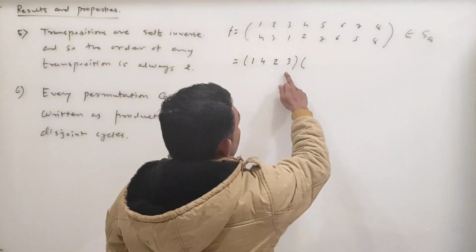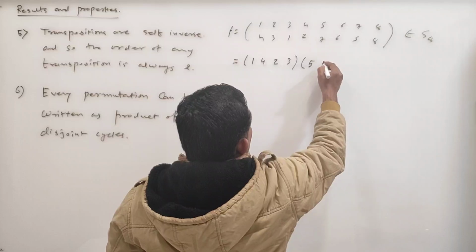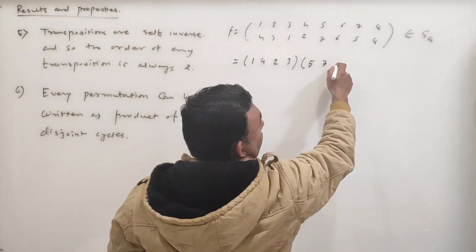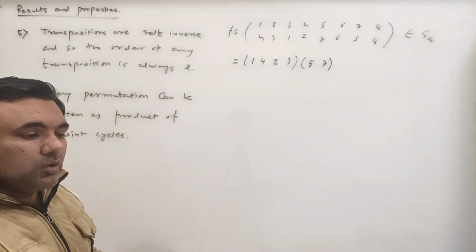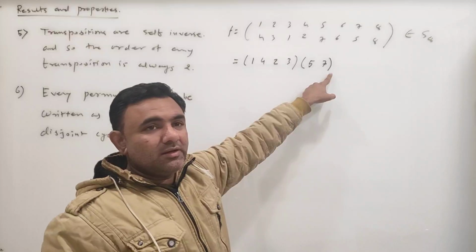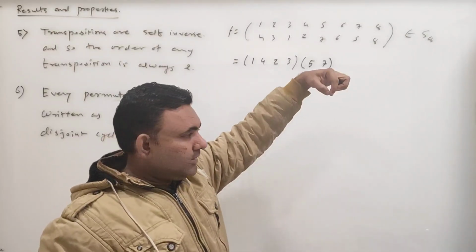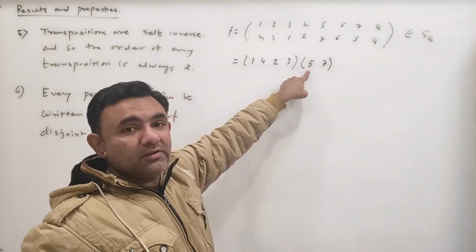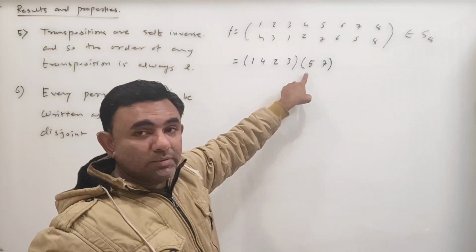So 5 goes to 7, 7 goes to 5. So stop. You always terminate the cycle if you reach the starting point. So 5 goes to 7, then 7 goes to 5, so stop.